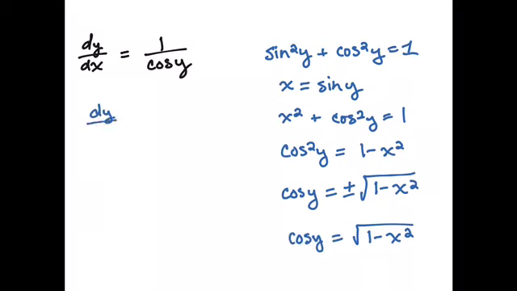So my dy dx, my derivative, is 1 over the square root of 1 minus x squared. And there is a domain restriction on that. We're going to need x to be in between -1 and 1.